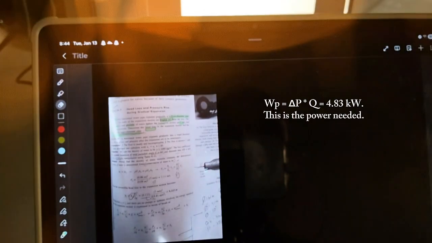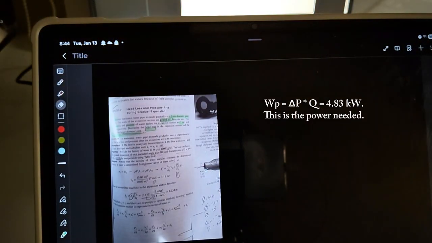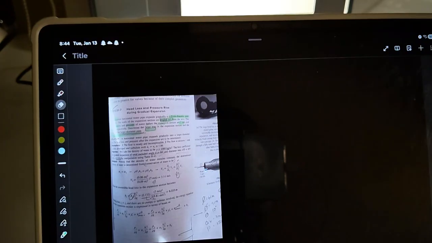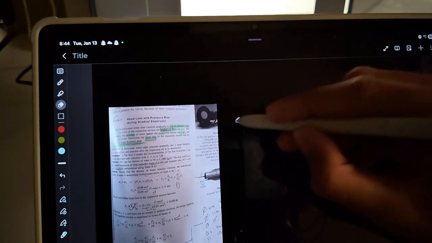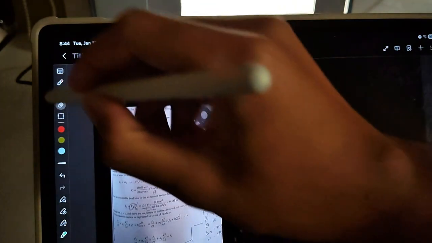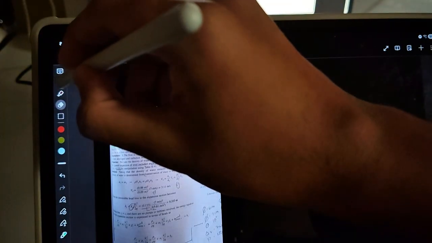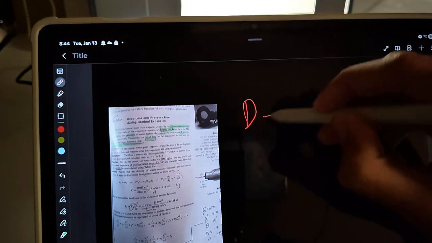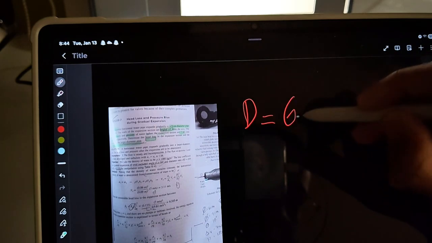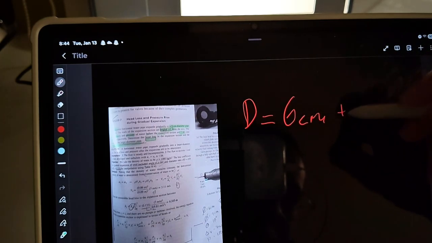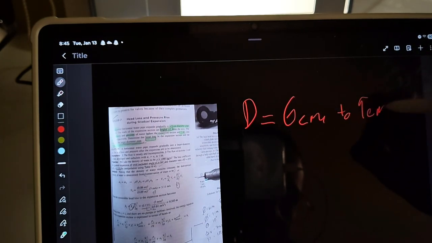Next, for example 8.7, it is a different but a related situation. A pipe that gradually expands, and the values given: diameter increases from 6 cm to 9 cm.